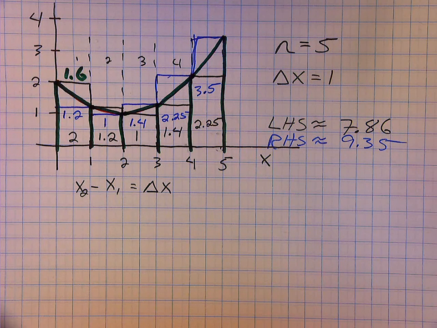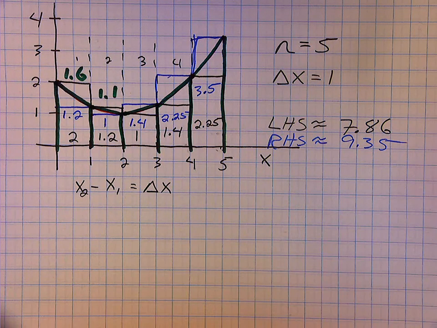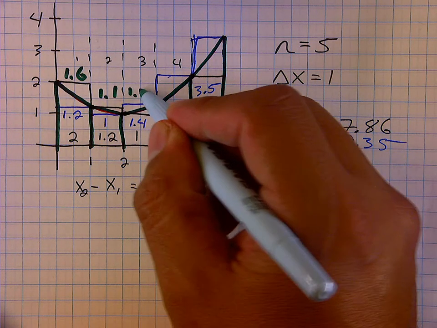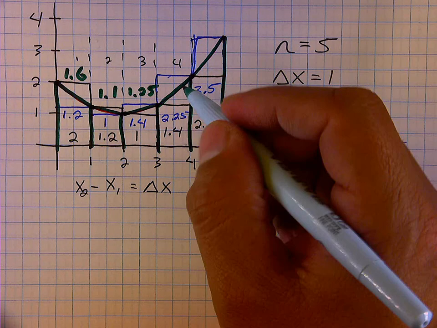The second trapezoid is 1 plus 1.2 divided by 2, has an area of 1.1. The next one has an area of 1.25. Next one, I'm going to have to calculate that. 2.25 plus 1.4 divided by 2, I'll round to 1.8.